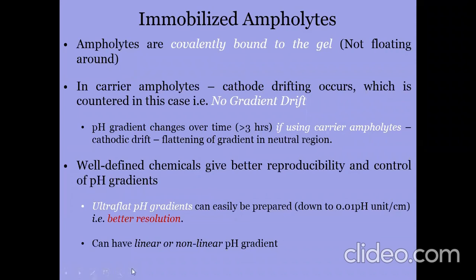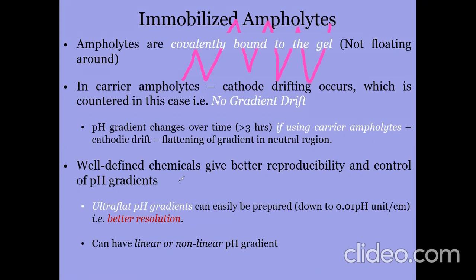So ultra-flat pH gradients can easily be prepared down to 0.01 pH unit per centimeter. For better resolution, we use an ultra-flat pH gradient. If we have more changes in the pH, in the peaks of the pH, so if I could draw it, the pH change could occur like this.